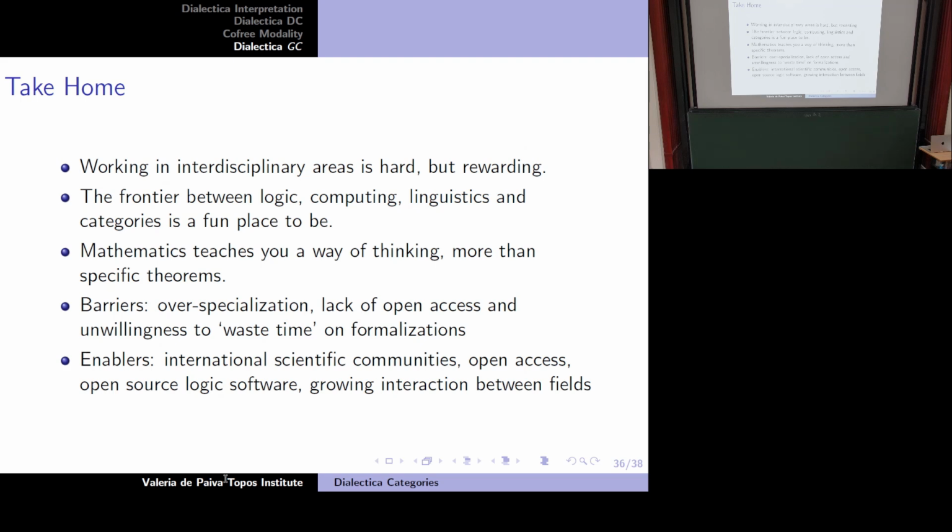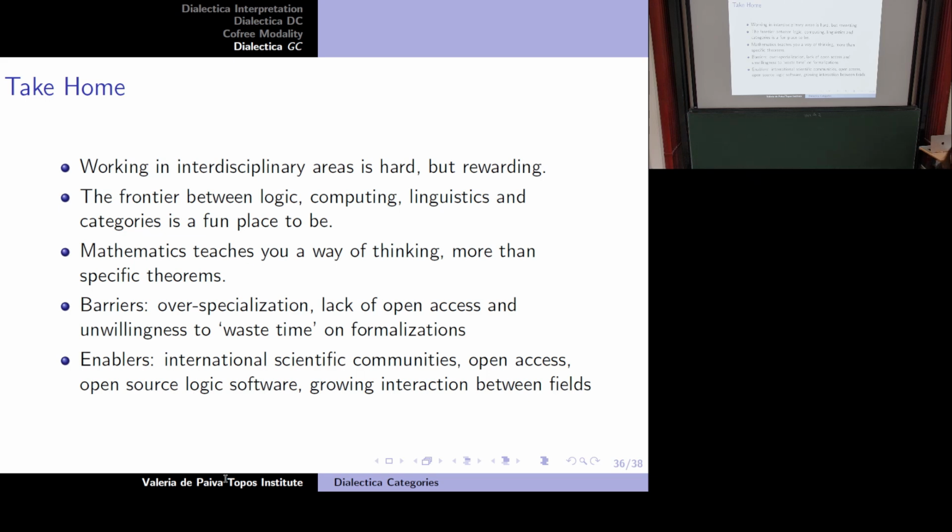So when I wrote this slide, it's a very old slide again, I wrote here that working in interdisciplinary areas is hard but rewarding, and that this is a very fun place to be, between logic, computing, linguistics, and categories. But I also wrote about barriers being unwillingness to waste time on formalizations, and I did not mean formalizations in the sense that we're talking about here.